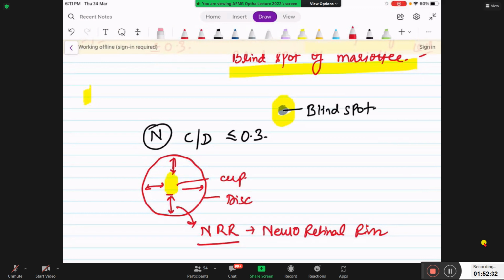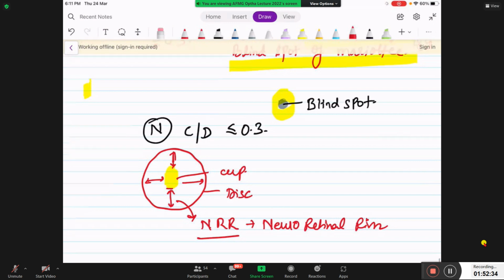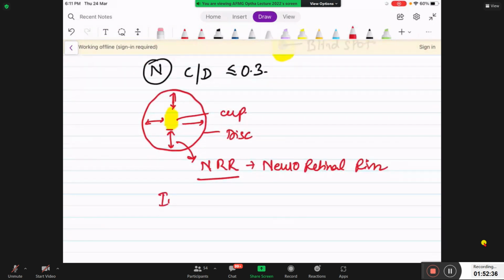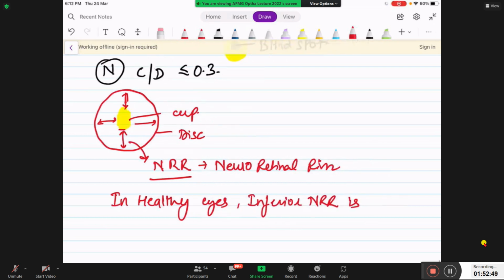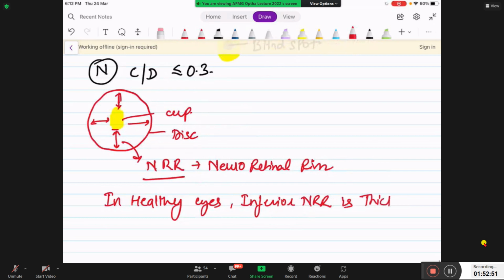Now, why is this neuroretinal rim important? Write down. In healthy or normal eyes, the inferior NRR, or neuroretinal rim, is thickest or broadest.